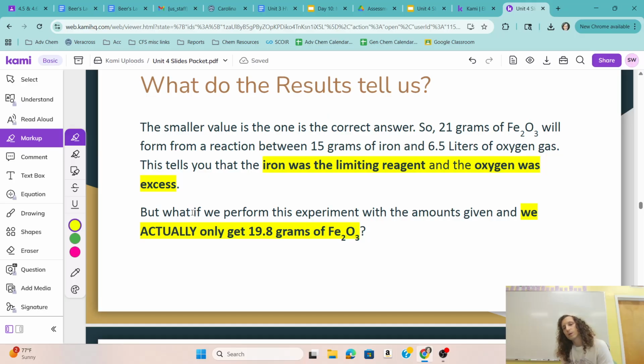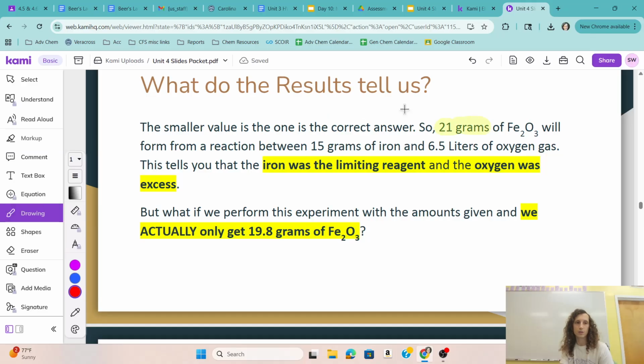Now there's another thing we can do related to percent yield. So we theoretically can only make 21 grams of iron oxide. This is our theoretical yield because it's what math tells us we can make if everything was perfect and we made no lab errors.